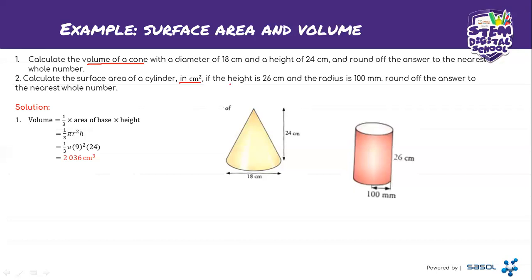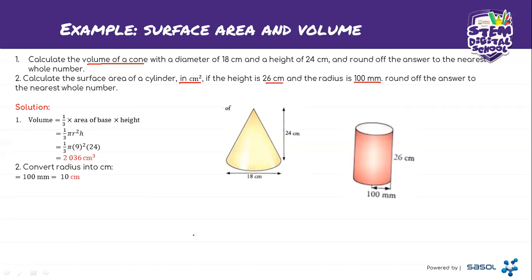Now, if the height is 26 centimeter and the radius is 100 millimeter, you can see now we have another unit, instead of centimeter it is millimeter, and round off your answer to the nearest whole number. Then surely first we have to convert the radius to centimeter, because now it is given in terms of millimeter. All right, now we have to convert that.